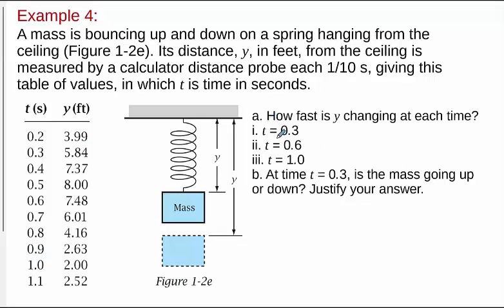Okay. So we have a table of values, and let's just analyze what's going on. So this is the ceiling, here's our mass, and it's got a spring. And this is the distance from the ceiling. So it's going up, so the block's going down, the block's going down here. Then between here it starts going up again, and up again, and up.